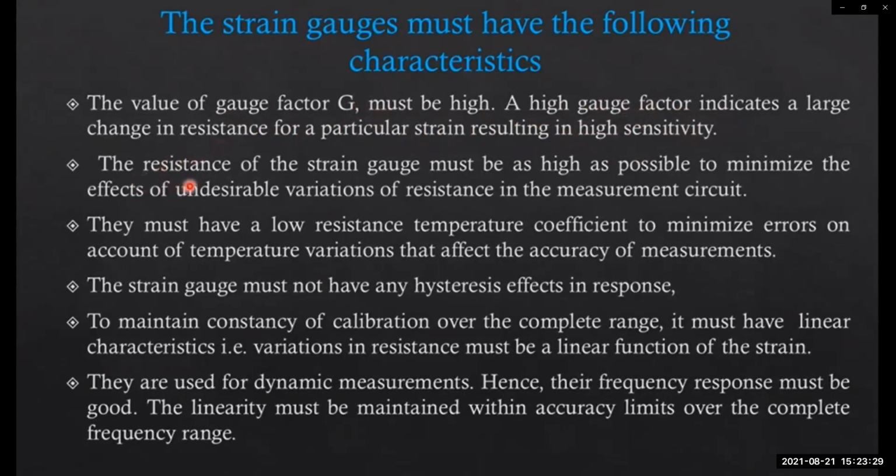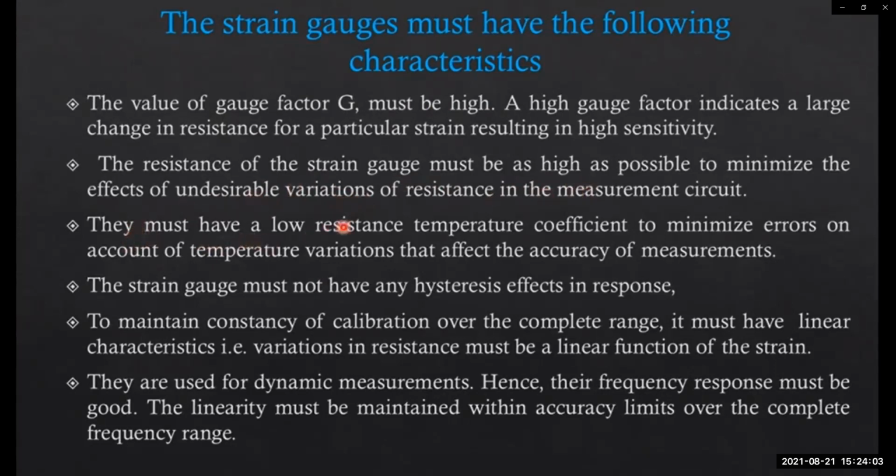Next one, the resistance of the strain gauge must be as high as possible to minimize the effect of undesirable variation of resistance in the measurement circuit. So whenever we are measuring some stress with the help of our resistance wire strain gauge, the resistance of that wire should be very high and it should not vary with respect to different environmental conditions.